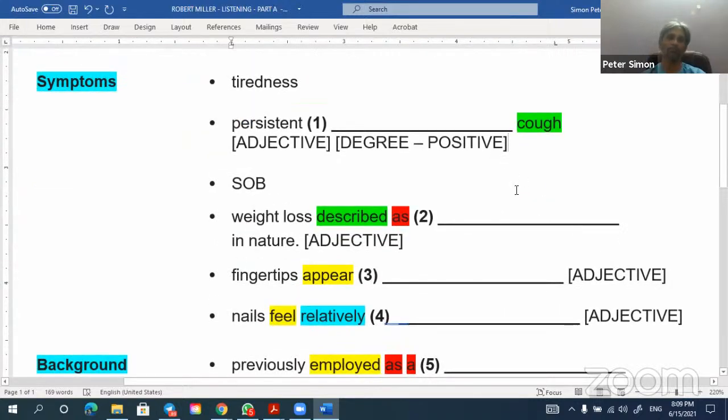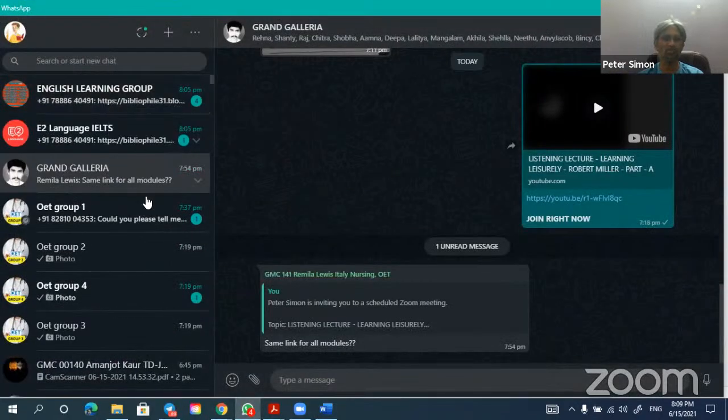First form will come. Right. Now you can imagine cough. What are the different types of cough? Persistent means continuing. Unstoppable. Right. Continuous. Uncontrollable. So the words may differ. Write down the word persistent. Now you should know what persistent means. You can use this.